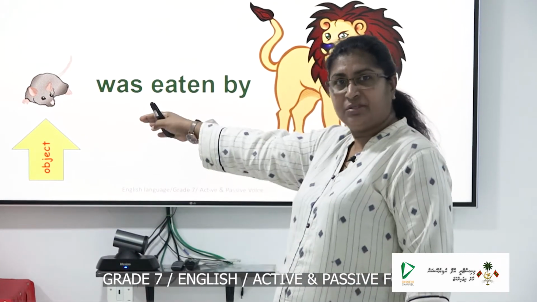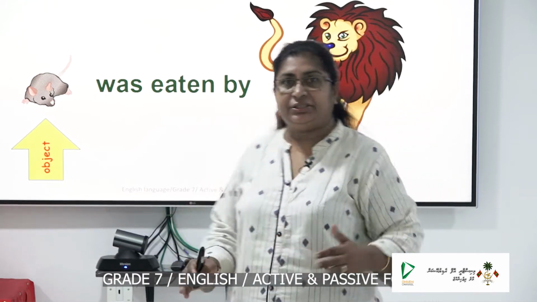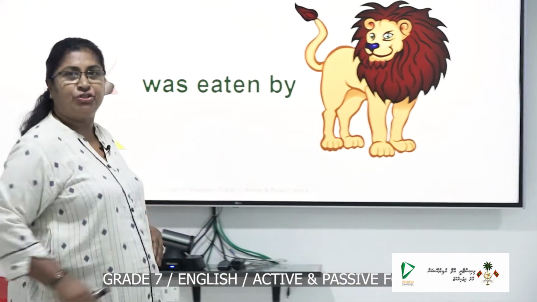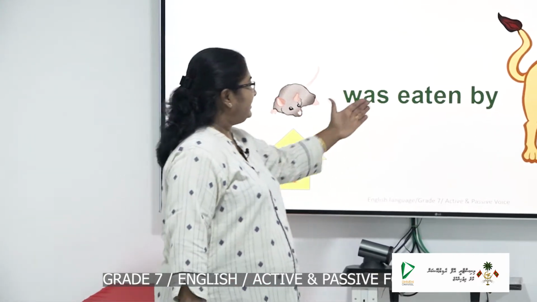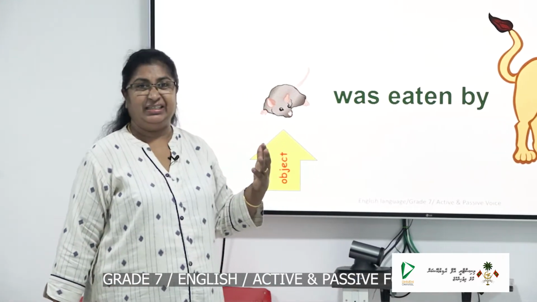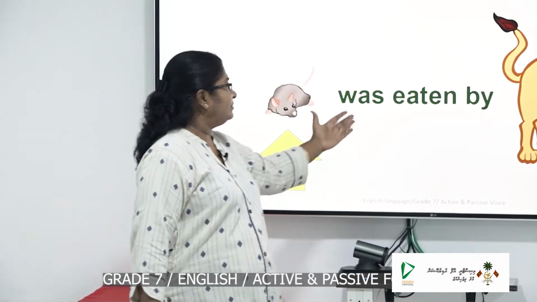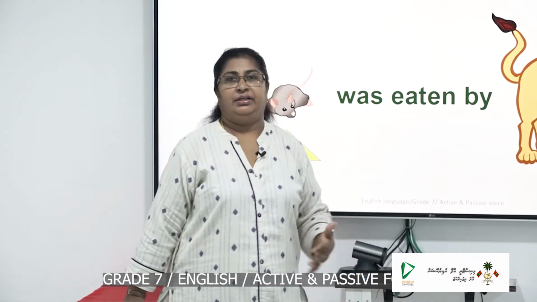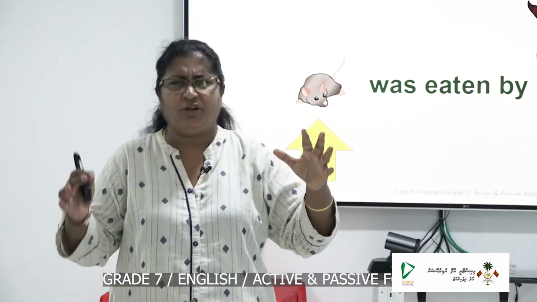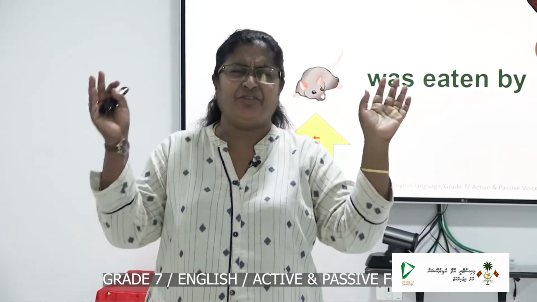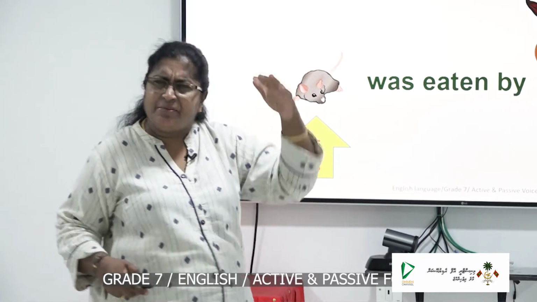You have the mouse, the object, and the mighty lion has gone to the side. In the middle you have 'was eaten by'. So, the mouse was eaten by the lion. Don't confuse yourself, we'll make it in a simpler form.